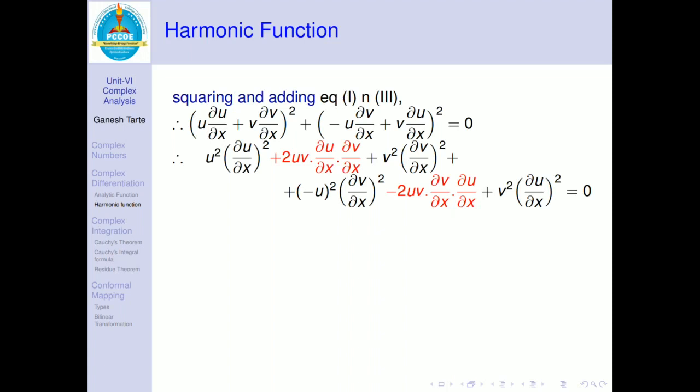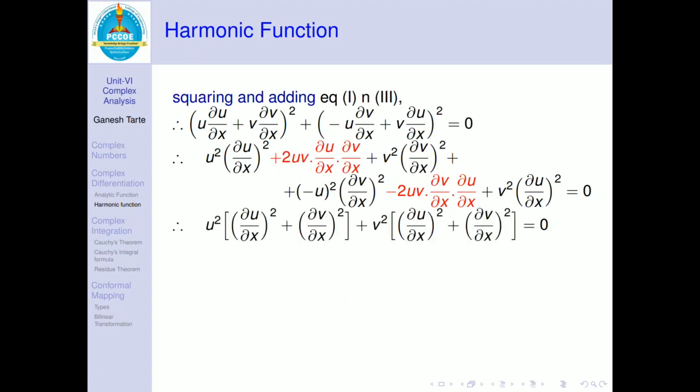So from the first and third terms, take u square common, and from the second and last terms take v square common. So we get u square in bracket (∂u/∂x) square plus (∂v/∂x) square, similarly plus v square in bracket (∂u/∂x) square plus (∂v/∂x) square equals 0.